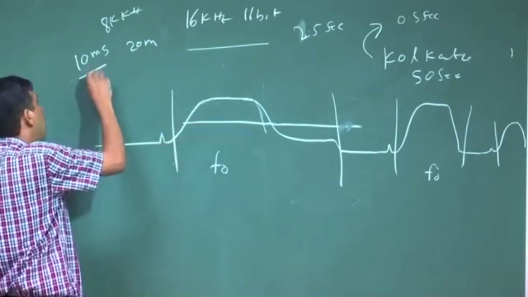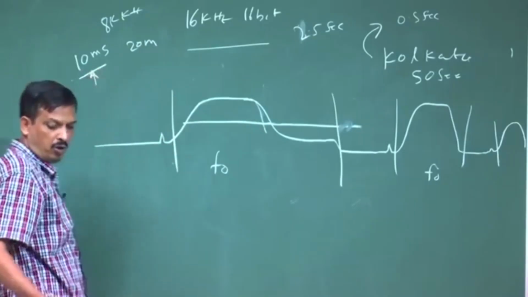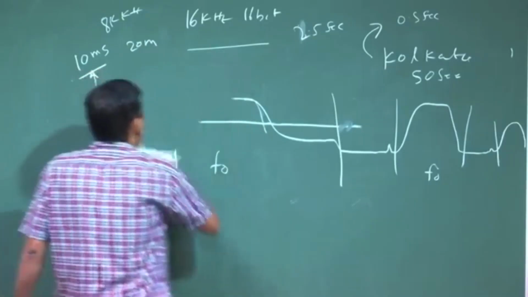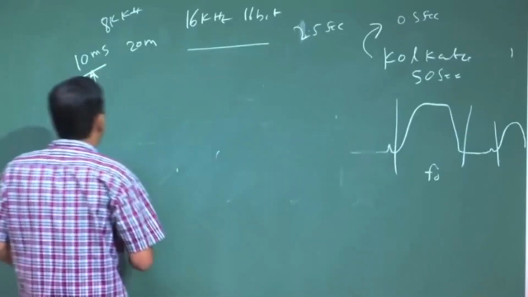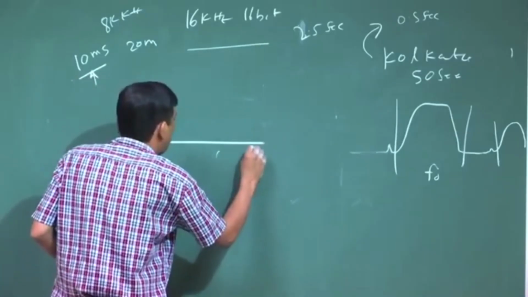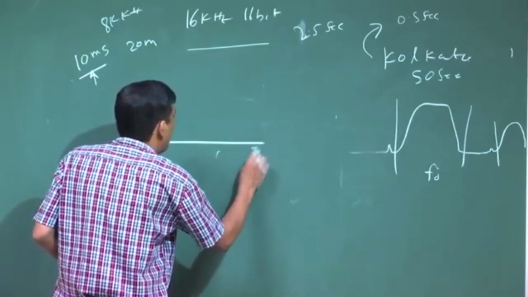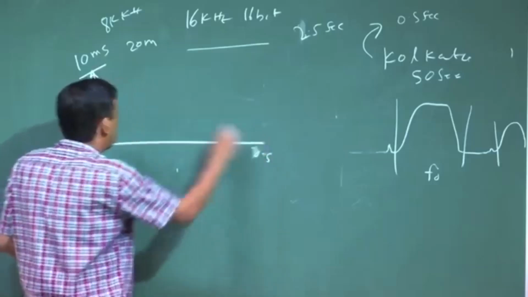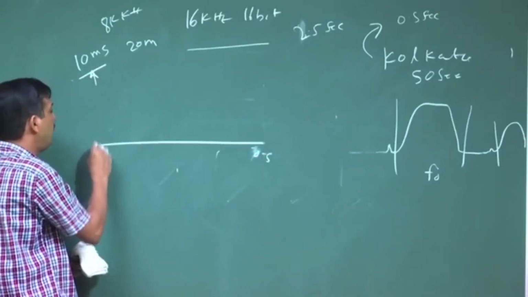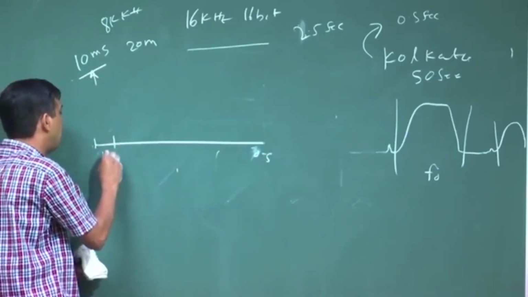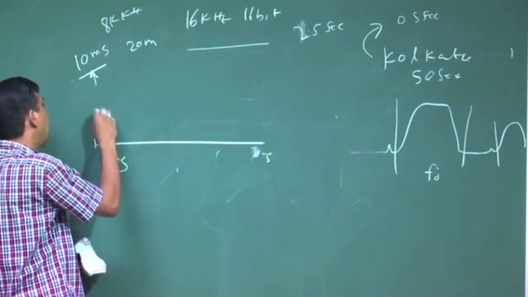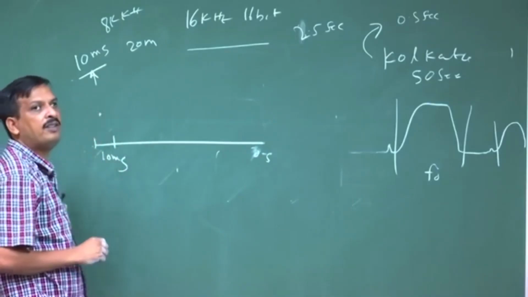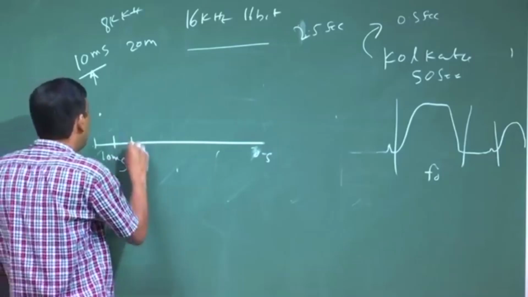So, if I draw Kolkata in the F0 plane, if it is a 3.5 second signal, so there will be 100 frames per second. So, 0.5 second will be divided into 50 frames. So, every frame is 10 millisecond. For every 10 millisecond, I can calculate an average F0 value for the next 10 millisecond.